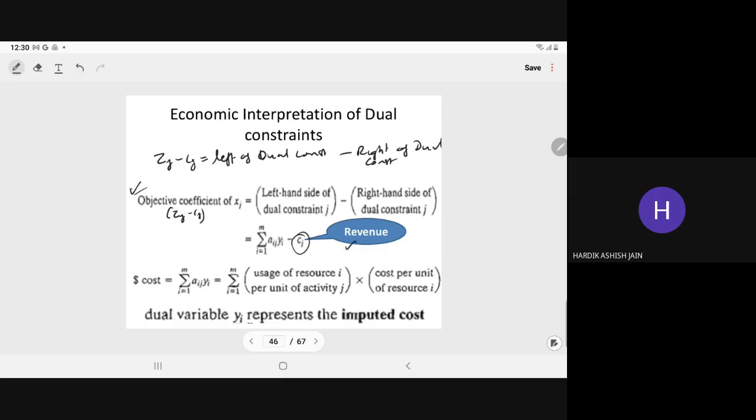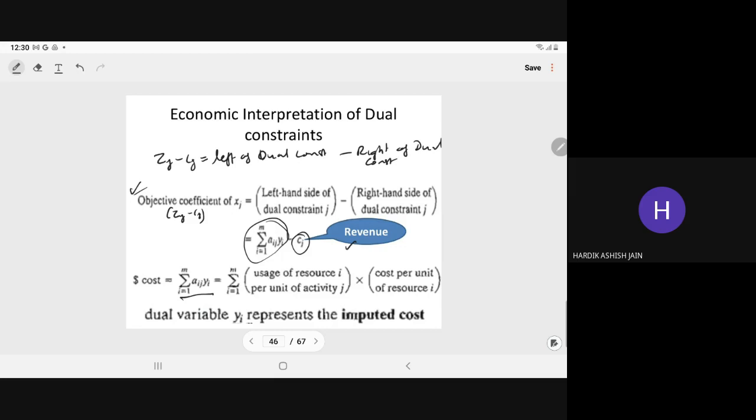If this is money, then you can subtract money from money only. So this is the cost, in particular money, and it is equal to aij into yi.